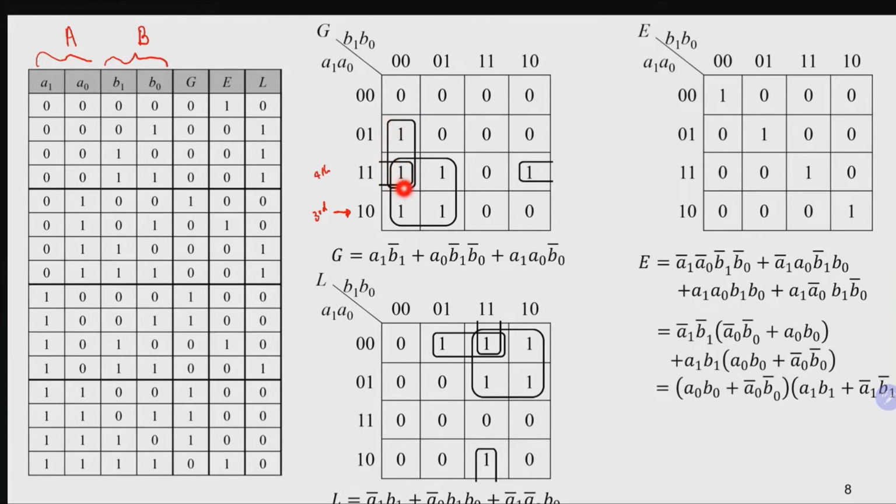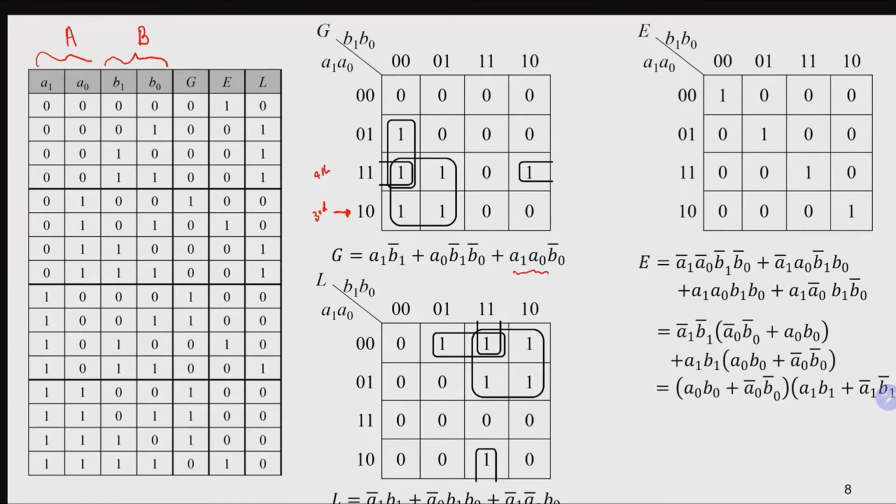So this gives us A0 and then B1 bar, B0 bar, which is this sum here. Then we got another group of 2 here. So this going from A1, A0, and then B0 bar, which is this sum here.